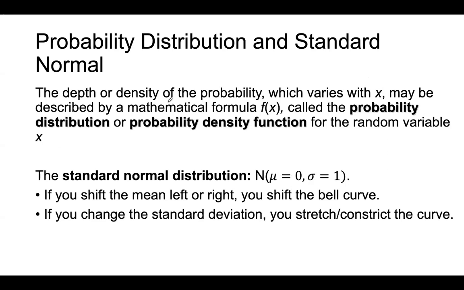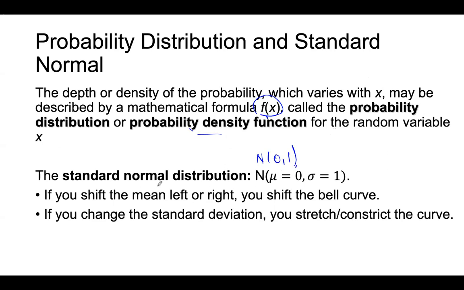Now, the depth or density of the probability, which varies with x, may be described by this mathematical formula f of x, and that's called the probability distribution or probability density function for the random variable x. The standard normal distribution, N, is where the mean is 0 and the standard deviation is 1 by definition.